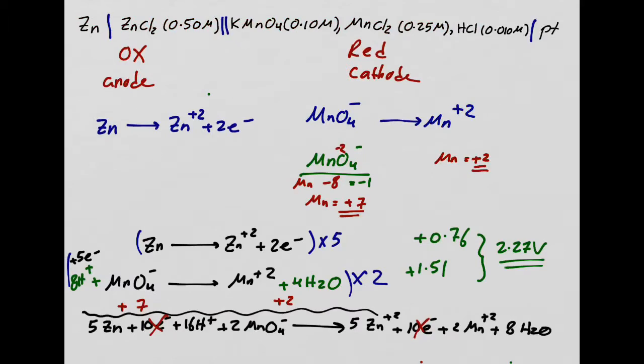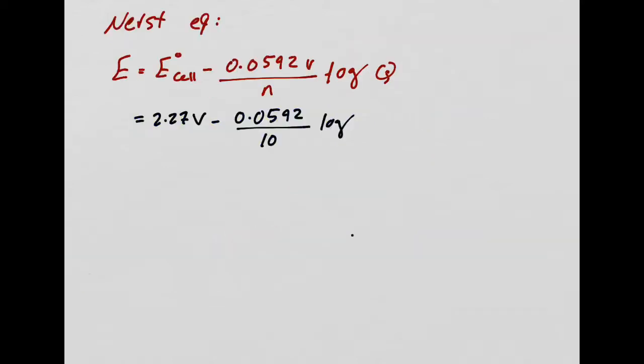Q is going to be the product over reactant for the final balanced equation. This is why when it's not a standard condition, you got to do this. So it's product over reactant. I would have the Mn2+ to the power of 2, zinc2+ to the power of 5, and then remember, water doesn't really count, right?